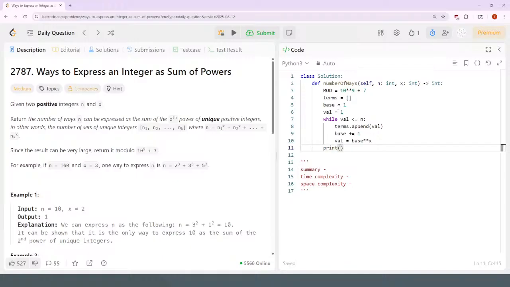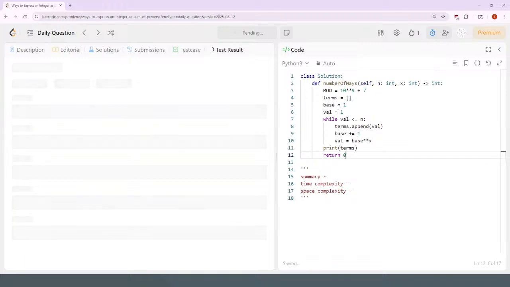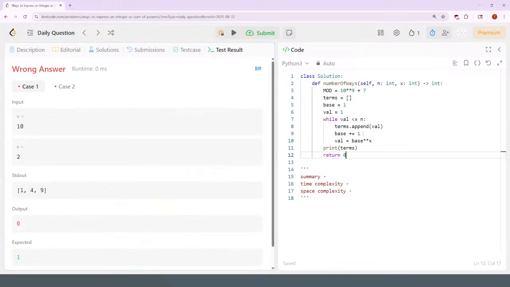I'll go ahead and just print out terms here. I think this is probably the fastest I can do this, creating this array. Alright, squares: 1, 4, 9, and powers to the first power is 1, 2, 3, 4. Okay, that's right.